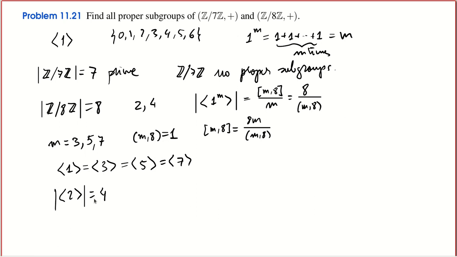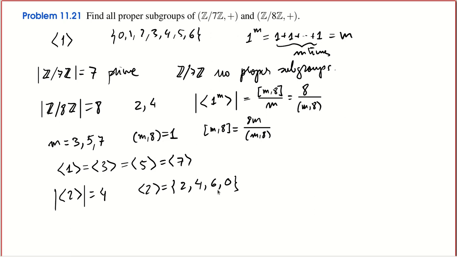So the order is 4, and actually this is what happens. This is just 2. 2 plus 2 is 4. 4 plus 2 is 6, and 6 plus 2 is 8, which is 0 modulo 8. And then you have generated the whole subgroup, right? So this is a proper subgroup.